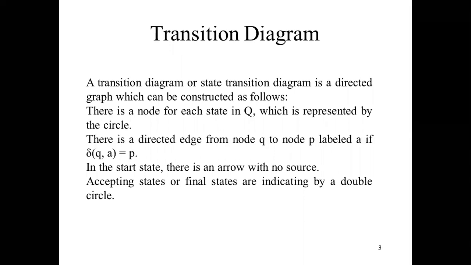Another state is another circle, and it has connectivity with the start state with the help of the arrow. Each state is connected by an arrow to get another state. And the final state, which is also called the accepting state, we can represent with the help of the double circle. So if in the next state we are getting the double circle, it means final state or the accepting state.